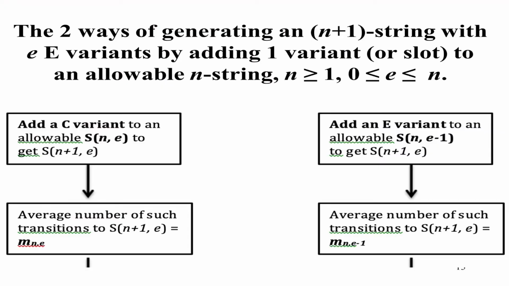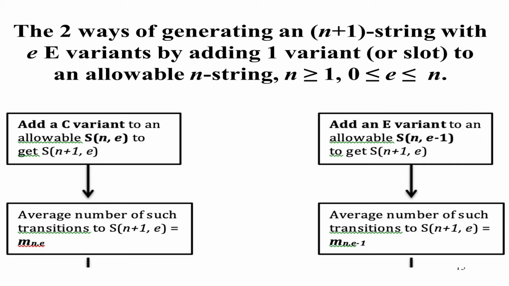I could start with a sentence of length n with E variants and add a C. So it doesn't change E, but it changes the length. So I can get here starting with n and E and adding C, or starting with n and E minus 1 and adding an E. So there are 2 ways of getting to n+1.